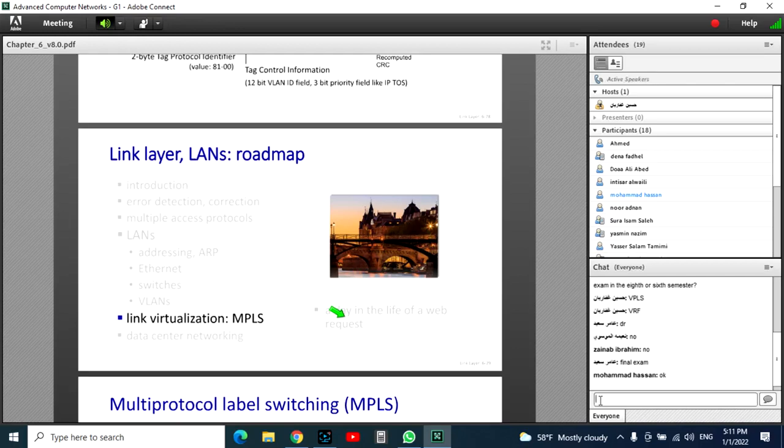Chapter 6, today's content and Tuesday's content. We have one more lecture on Tuesday. This information from chapter 6 is for the final exam.